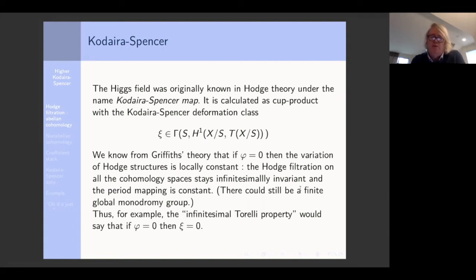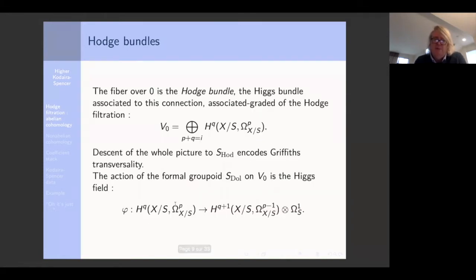So the full family has the deformation class as a section of that over S. And if we go back, this map from here to here is just cup product with the deformation class. It's a class in H^1 with coefficients in the tangent bundle. So the H^1 term makes Q go to Q+1, and then the tangent bundle term contracts a P-differential and gives you a (P-1)-differential.